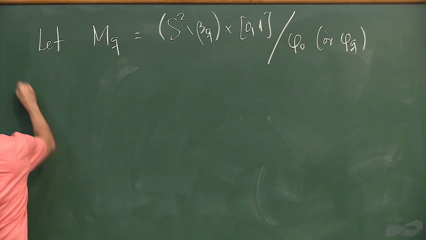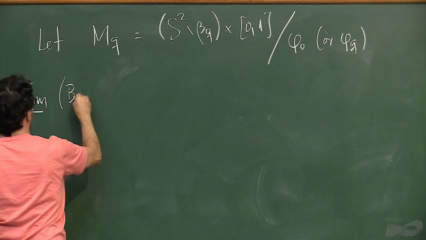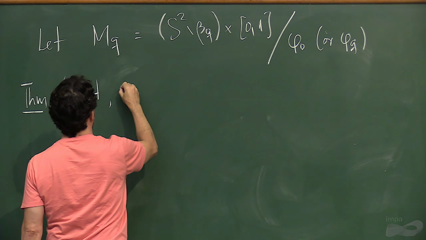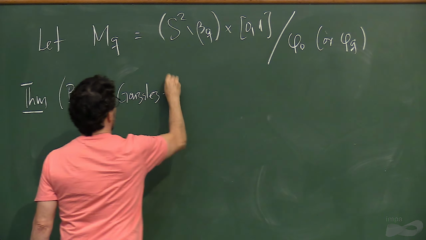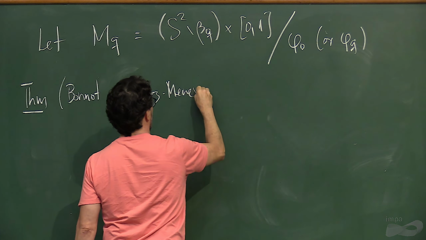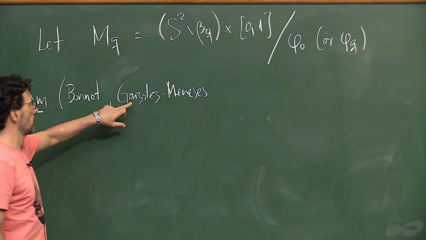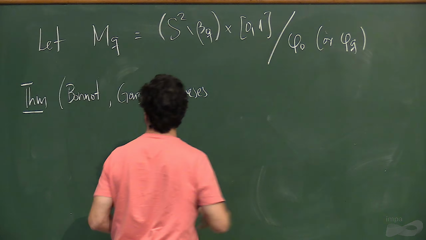And then the second theorem, which is together with Sylvain Bonneau, Gonzalez, Menezes. Okay, so I learned today that Gonzalez is with two Z's and Menezes is with two S's.